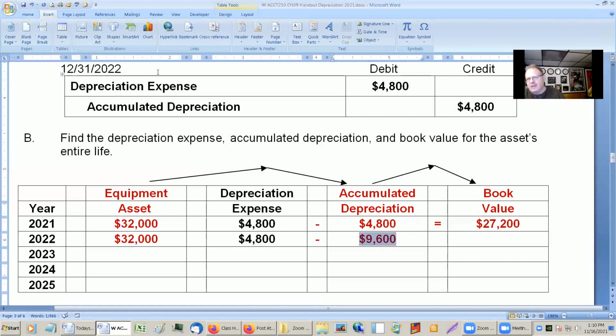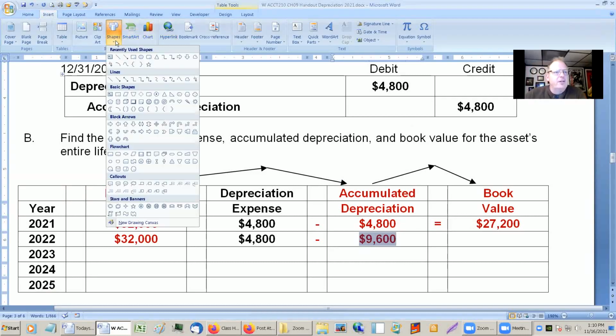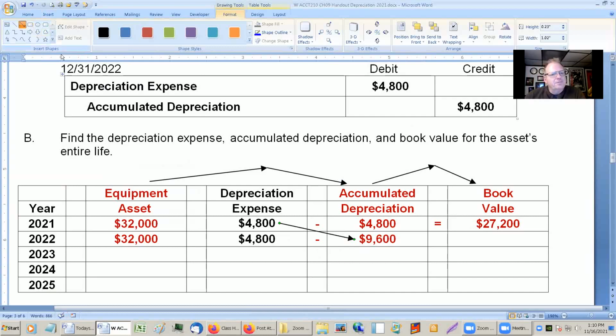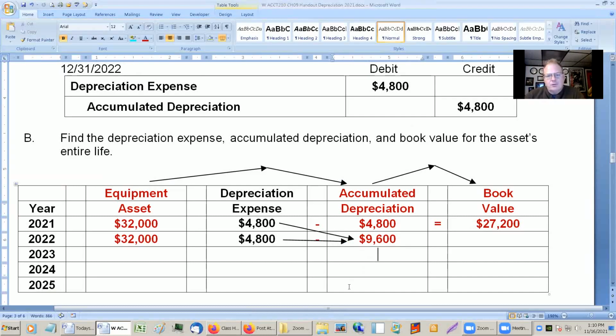Let me put some of my world famous graphics up here. It's a shame I can't trademark these. So all the depreciation expense to date is in this accumulated depreciation.